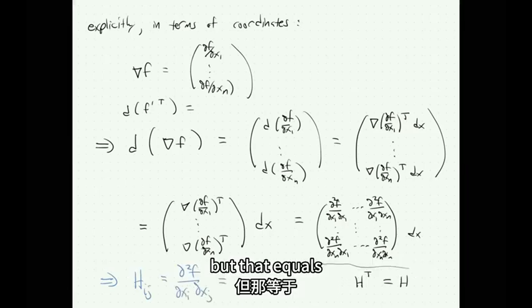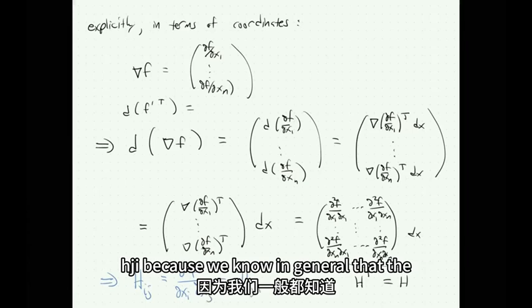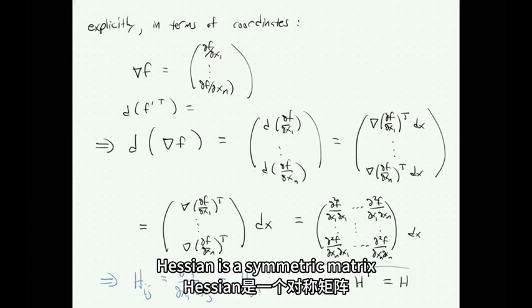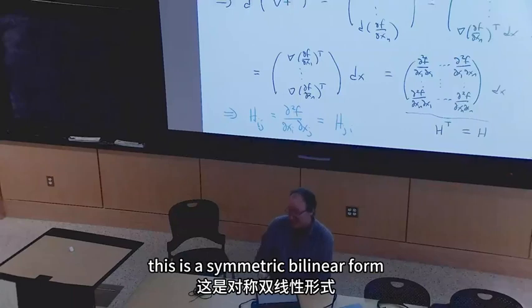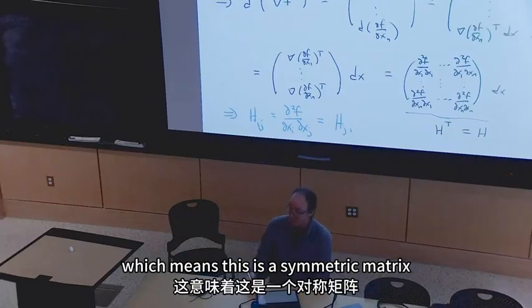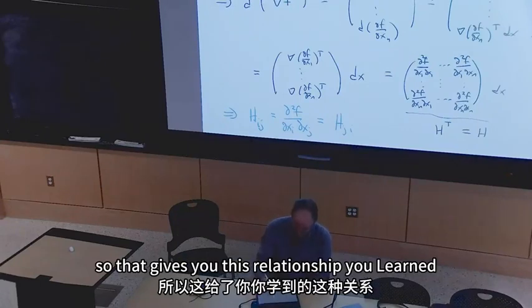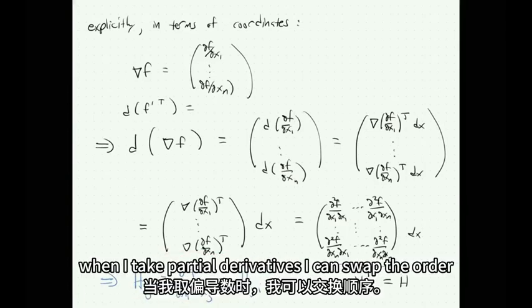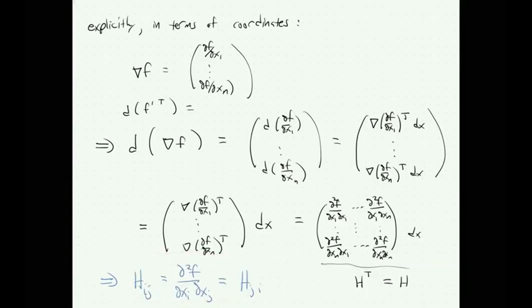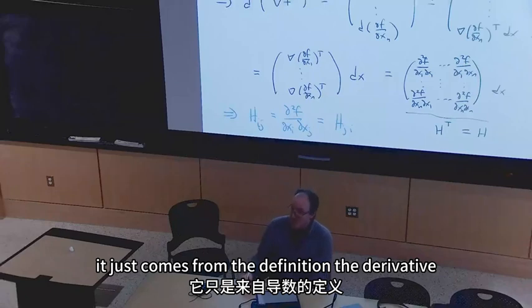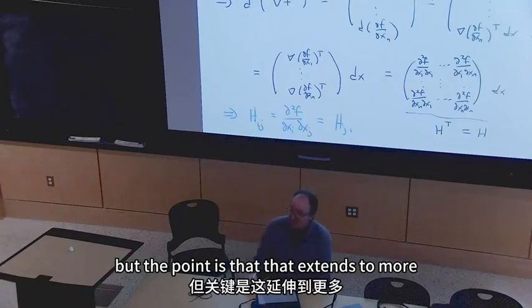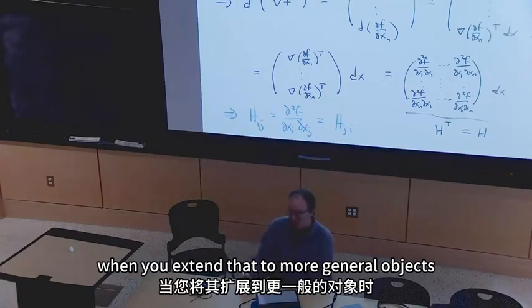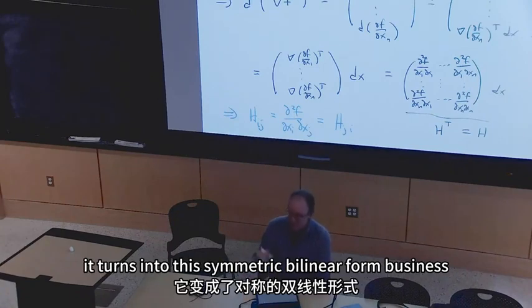But that equals Hji, because in general the Hessian is a symmetric bilinear form, which means this is a symmetric matrix. So that gives you the relationship you learned in multivariable calculus that when I take partial derivatives, I can swap the order. It comes from the definition of the derivative, but when you extend it to more general objects, it turns into this symmetric bilinear form business.